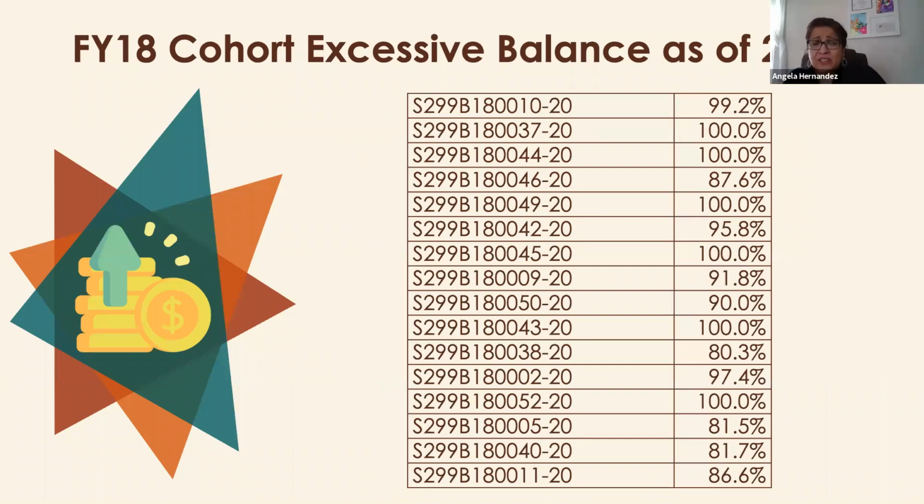So earlier I talked about having sent out large available balance notifications to many of our 18s. This is a snapshot, just sharing. It's many of you. And the percentage is the percentage of funds that are still sitting in your account as of yesterday.